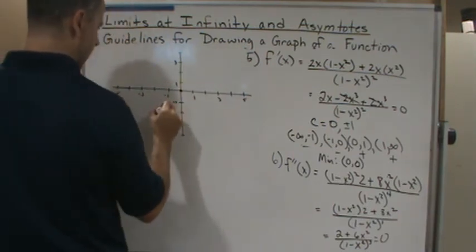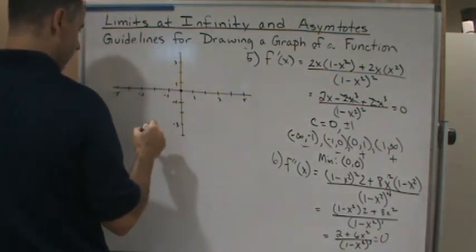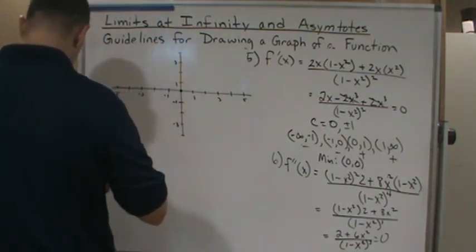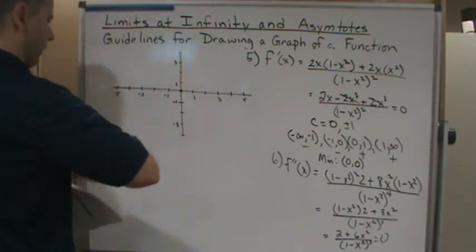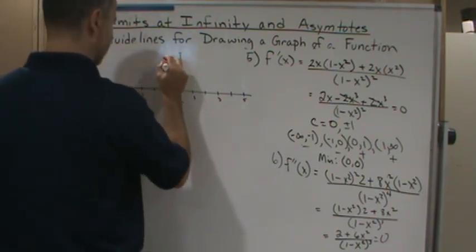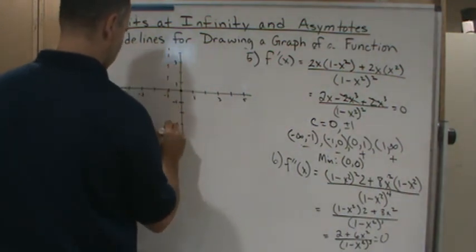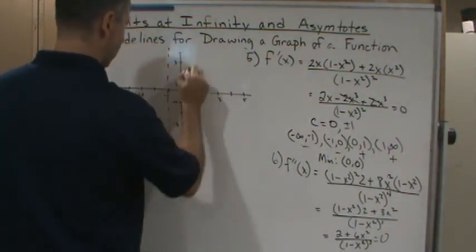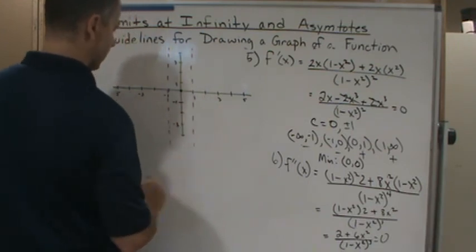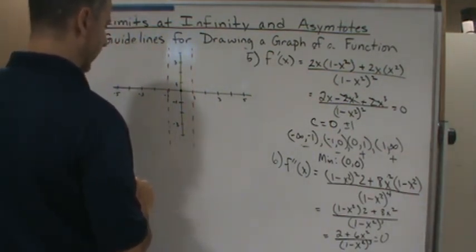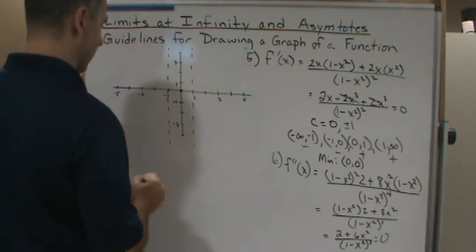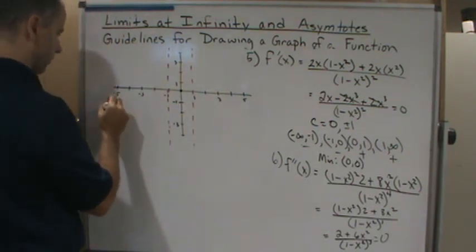Okay, so we've got an asymptote here. Let's use a different color. So we've got vertical asymptotes at x equals -1, x equals 1. And then we also have a horizontal asymptote at -1, right?